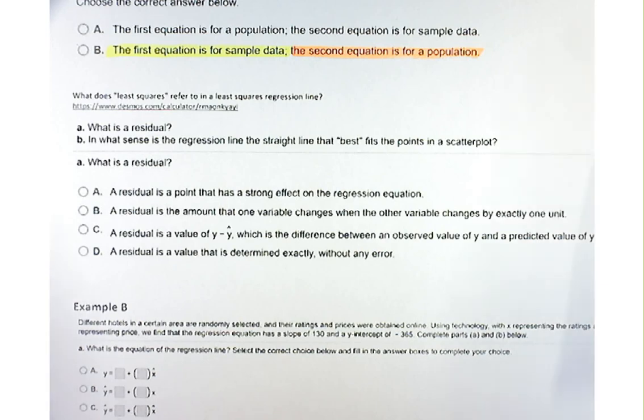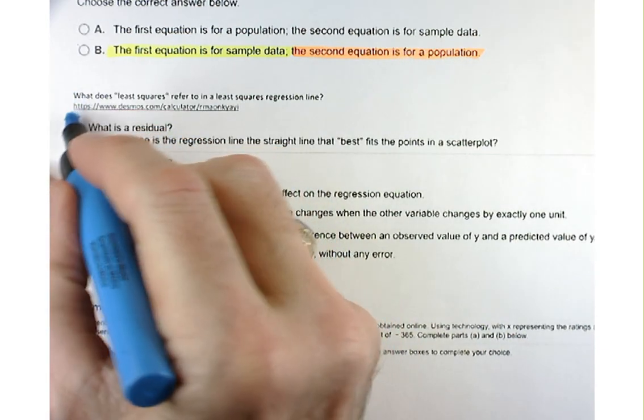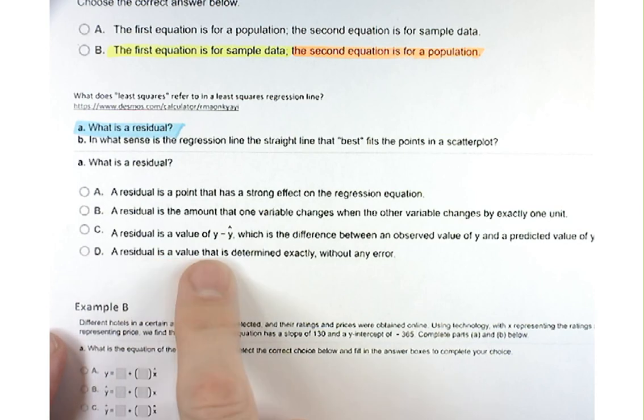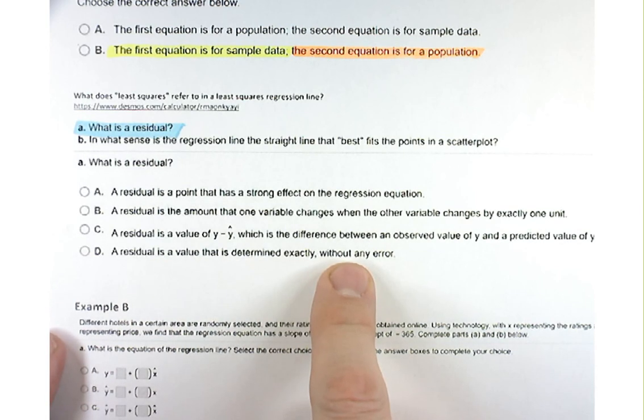Which one of these looks good? What do you think the residual is? A, B, C, or D? Which one? D? Residual is a value that is determined exactly without any error.